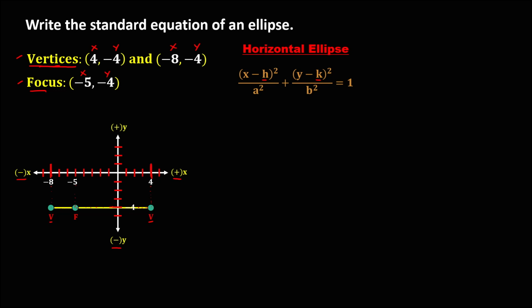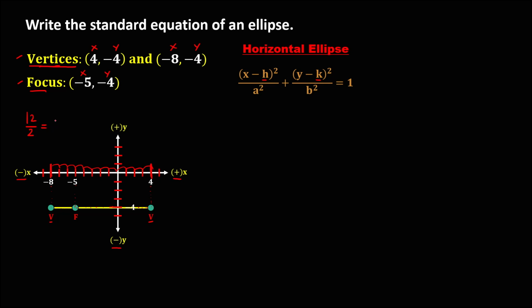Since these are the two vertices, we use this point and this point to locate the center using the counting method. So in counting, we have 1, 2, 3, 4, 5, 6, 7, 8, 9, 10, 11, 12. So we have 12, then divide by 2 to find the center.